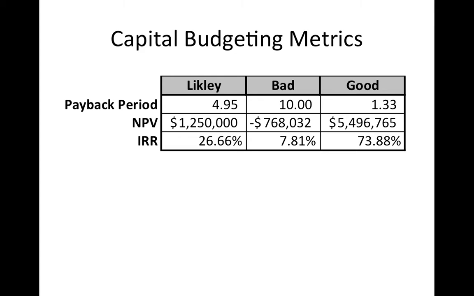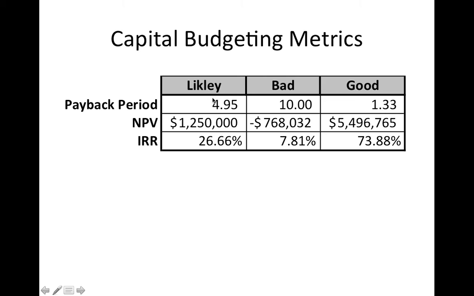On the other hand, if they had similar likely NPV but a much worse bad NPV, I would probably prefer those less. So the likely NPV is your initial go or no go. But the bad and good pieces of information help you rank from an NPV standpoint, so you may prefer one project over another completely separately from that likely NPV.